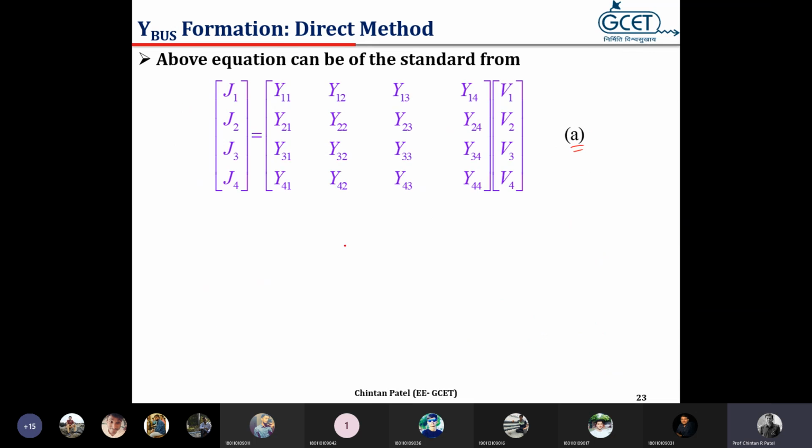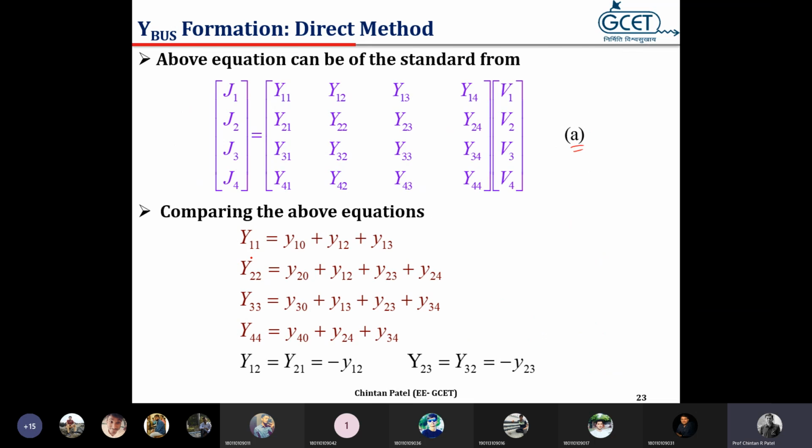Okay, so let's write the same thing, that Y11 is y10 plus y12 plus y13. Y22 is the summation of y20, y12, y23, y24 and so on. Whereas Y12 is equal to Y21, which is negative of y12.